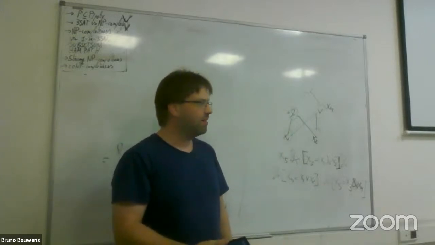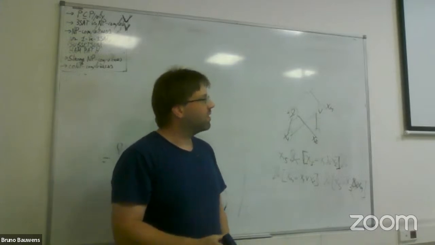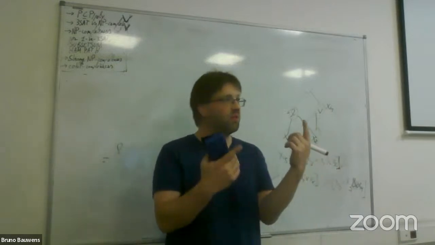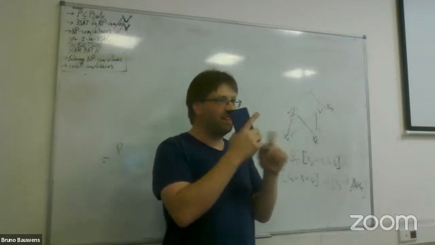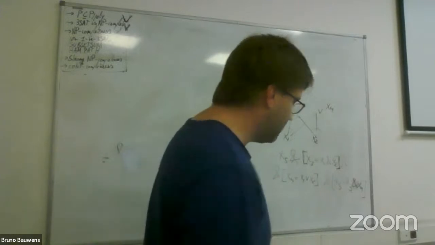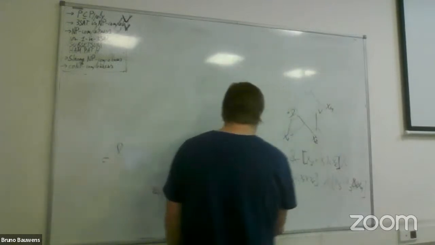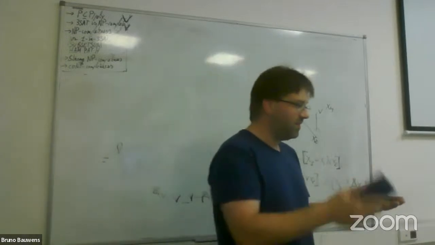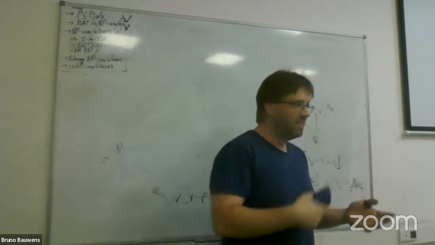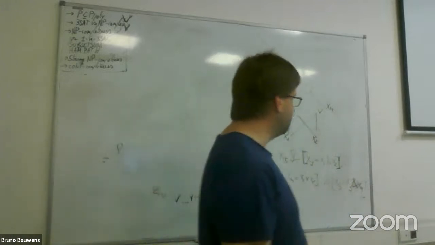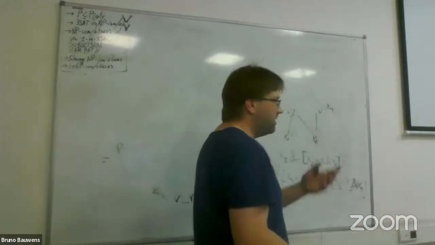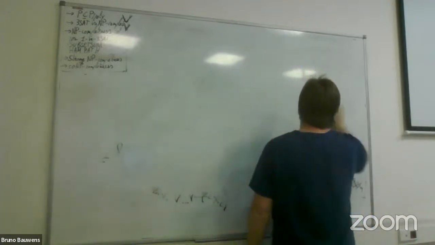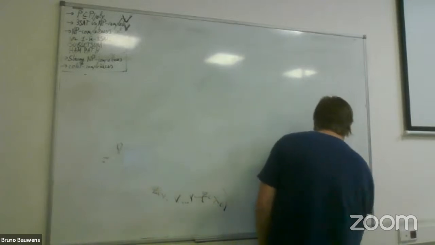And so the natural way is to have a variable for each edge, and then check that no edge is used by both paths, something like this, and then you have the connectedness requirement and so on.